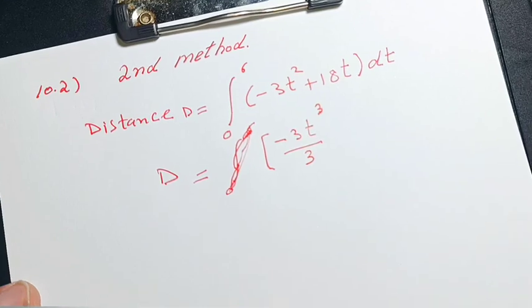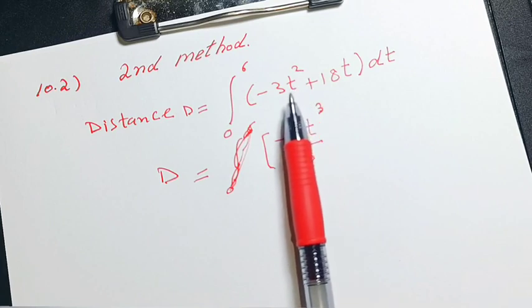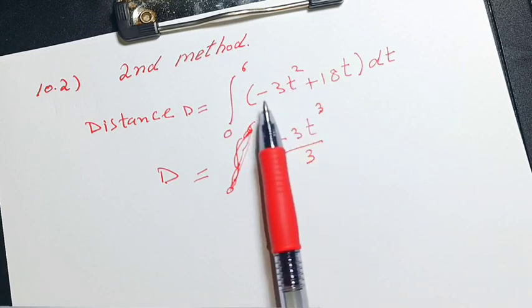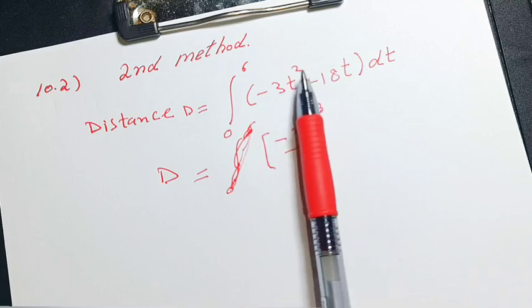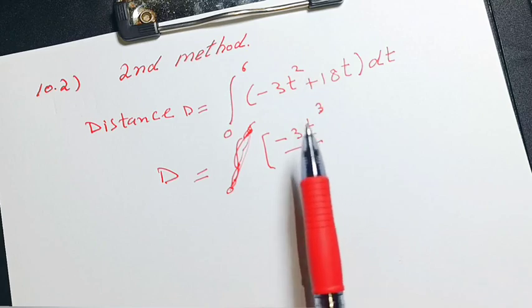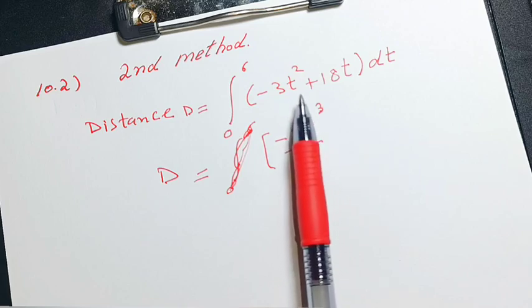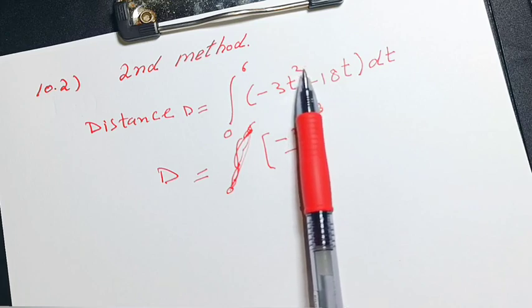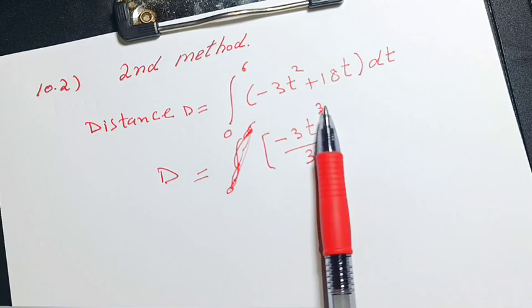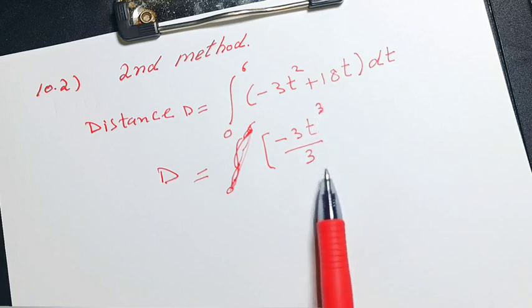Must remember, when you apply the derivative, you multiply the power by the coefficient, and then you subtract 1 from the power. When you apply the integration, t power 2, you add 1, it becomes t power 3, and then you divide by that power. So the power is 3 and you divide by 3.